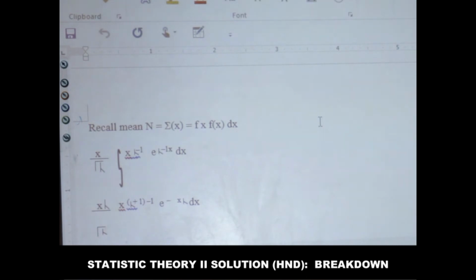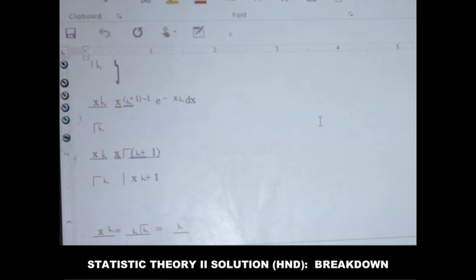Now we want to solve it. Because the integration has to do with what? You differentiate twice. So we have x lambda over gamma lambda x into bracket lambda plus 1 close the bracket minus 1 e raised to power minus x lambda dx.